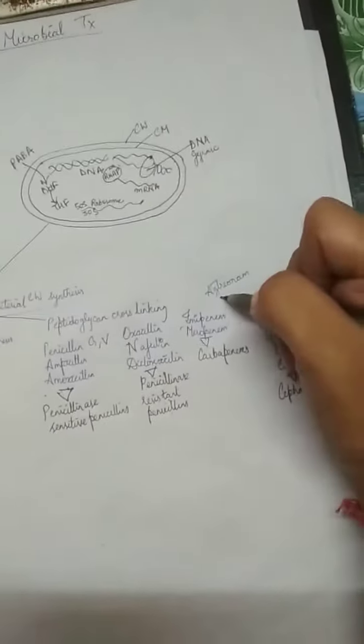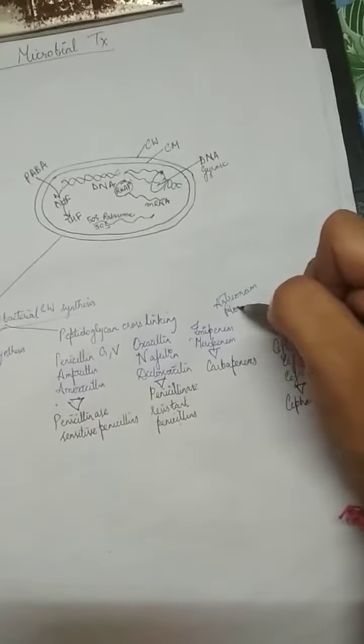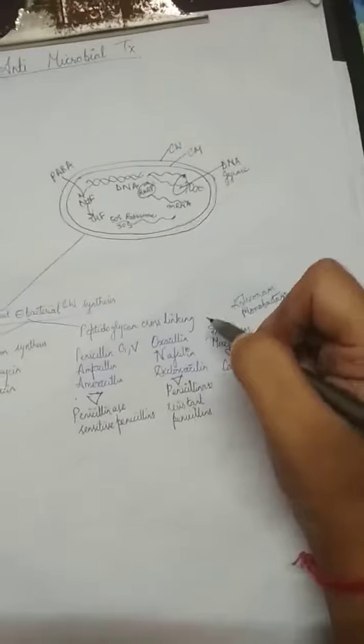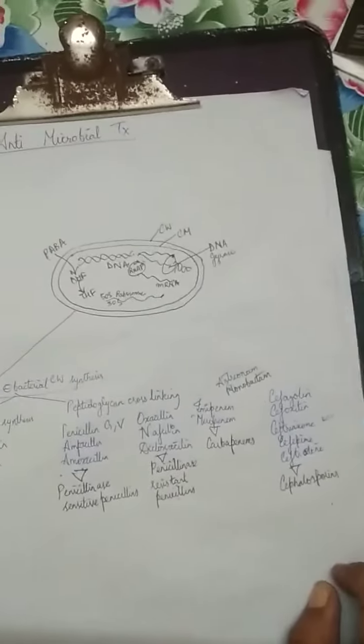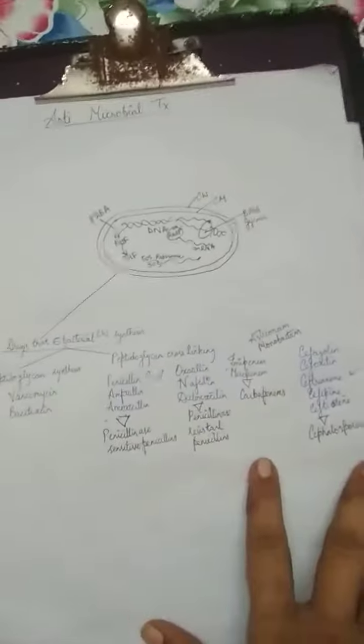Aztreonam, which is a monobactam. Okay, sorry, these were the drugs which inhibit the cell wall synthesis.